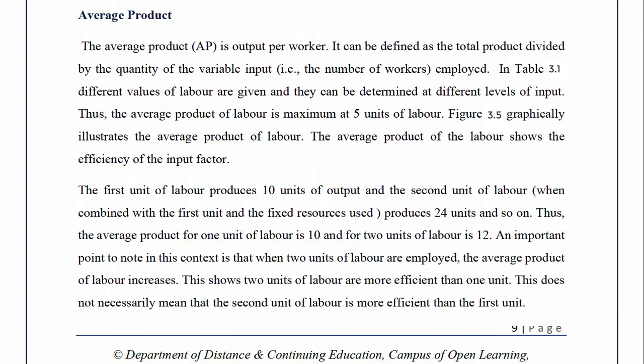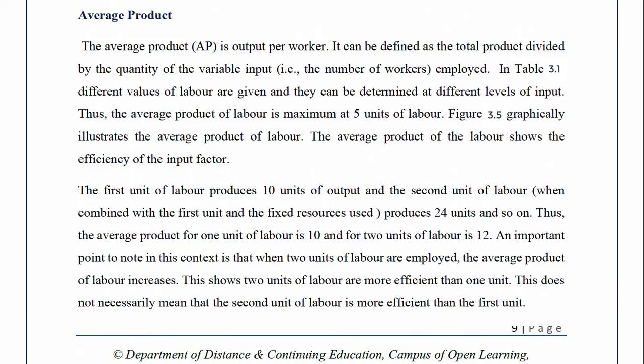Thus, the average product for 1 unit of labor is 10 and for 2 units of labor is 12. An important point to note in this context is that when 2 units of labor are employed, the average product of labor increases. This shows 2 units of labor are more efficient than 1 unit.